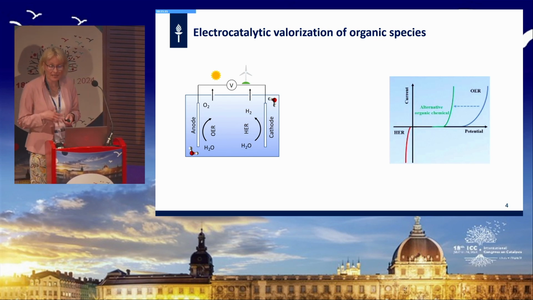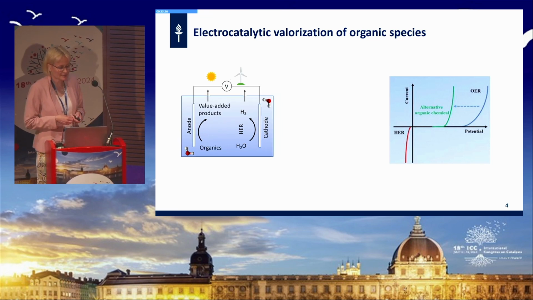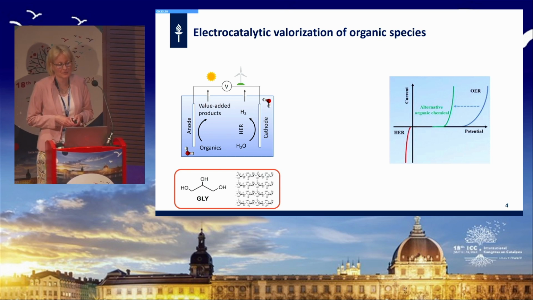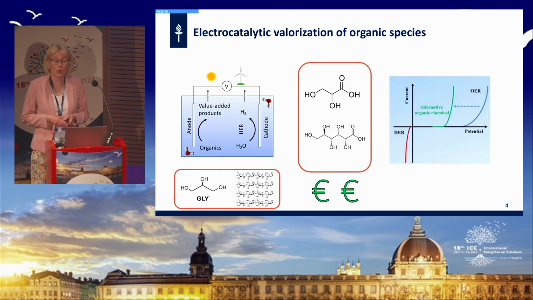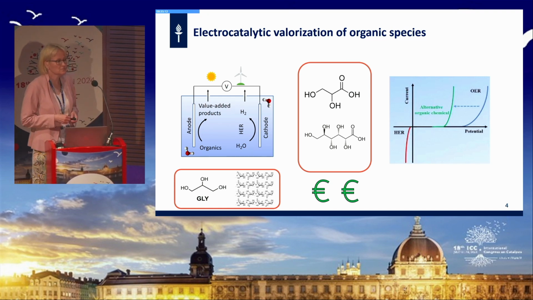And this reaction could then be less energy intensive, which would also save electricity. And on the other hand, it would also produce a value-added species, not just oxygen, but something that we could make money out of. And these together would perhaps help to lower the price of green hydrogen.